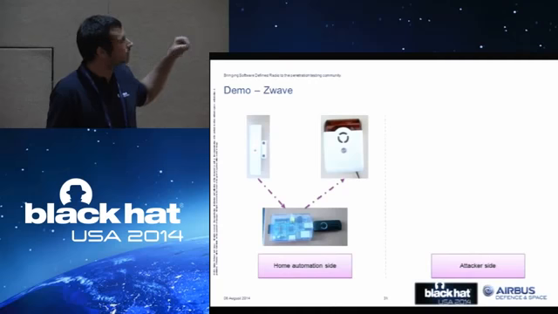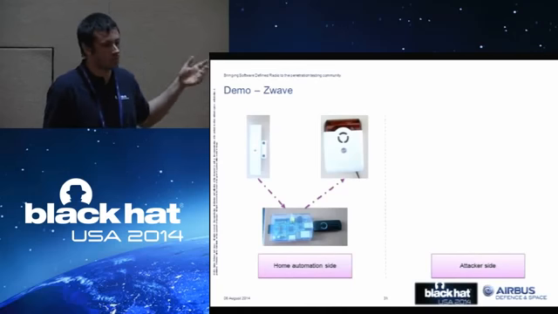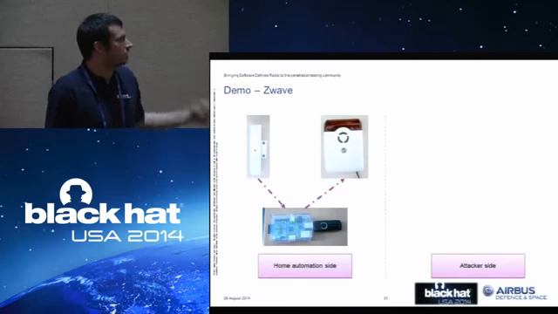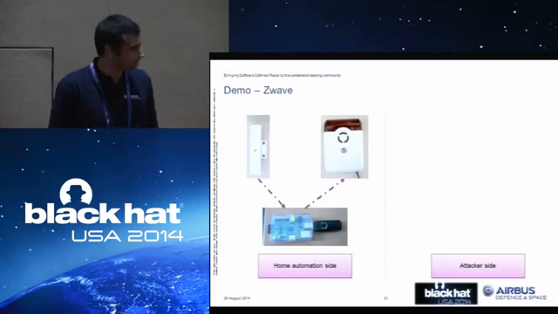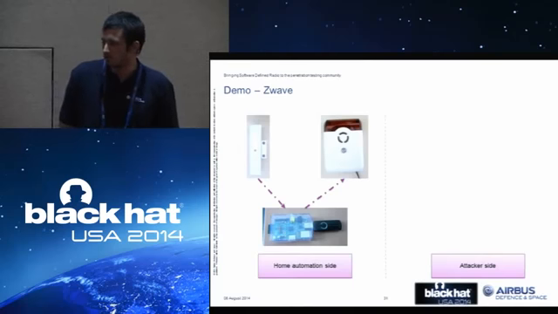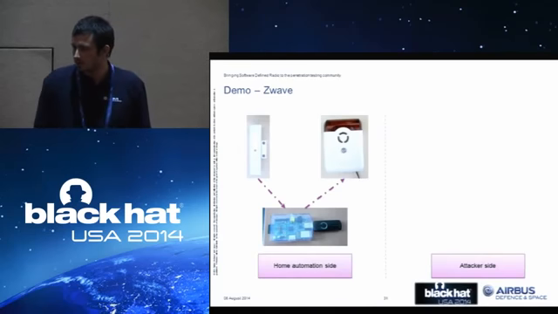Also, when you close the door, it sends a frame to the controller, and the controller sends a frame to the alarm to turn it off. Of course, in a real alarm, you need to enter a password to shut down the alarm, but for demo purposes, that makes it easier. So, a short video of the system working.